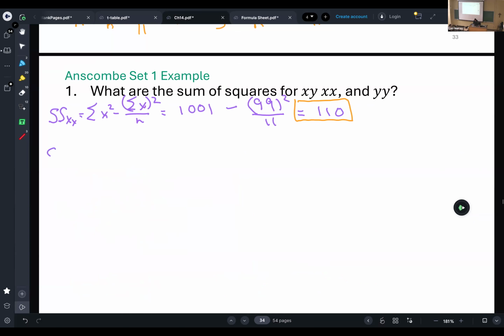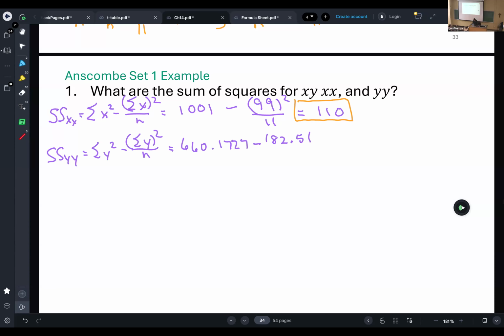Next one, we can get the y's. Do the same thing. It's the same formula, but with y. Let's calculate what we got. We already calculated 82.51.